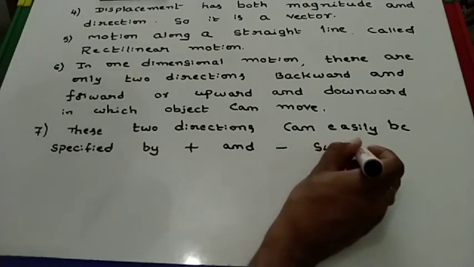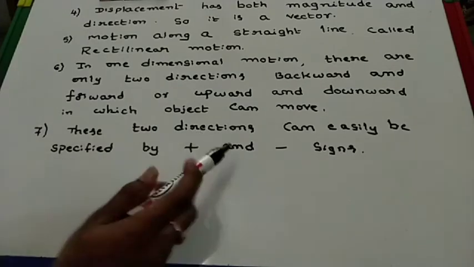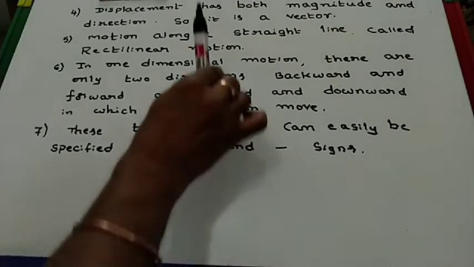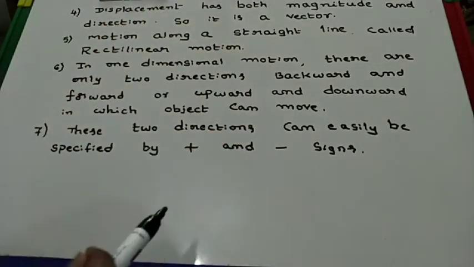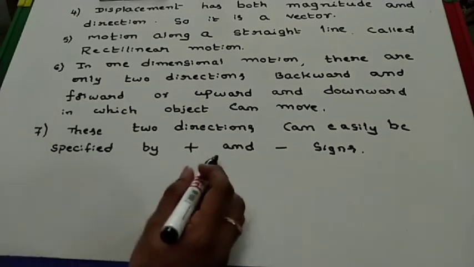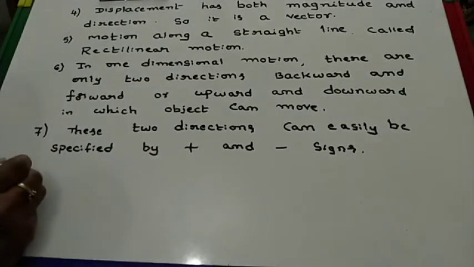Once again I am repeating this point, my dear students. These two directions, that means forward and backward, or upward or downward, can easily be specified by plus and minus signs. Now, point number 8.